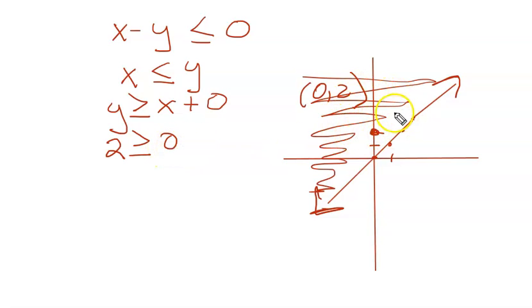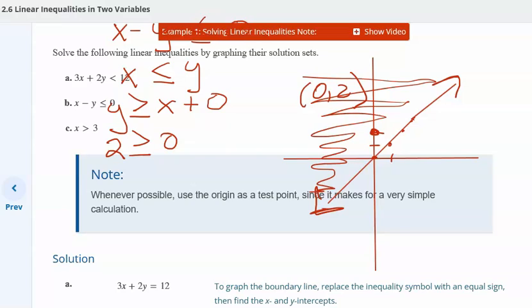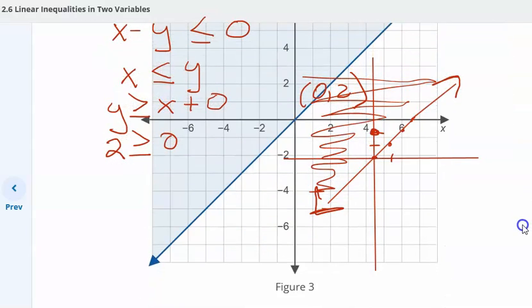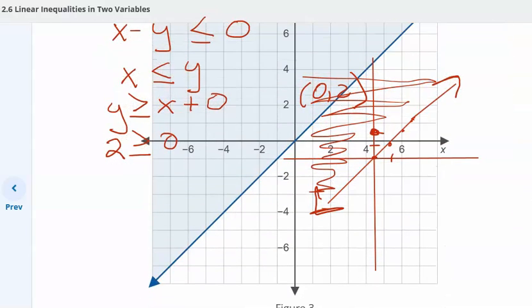So this is in the answer region, and all the points along the line because of its being equal. All right, let's go back and take a look at what they will show us for example 2. That was 1, and there is 2. And this works as well. Remember, you can always pause and look at things more carefully.